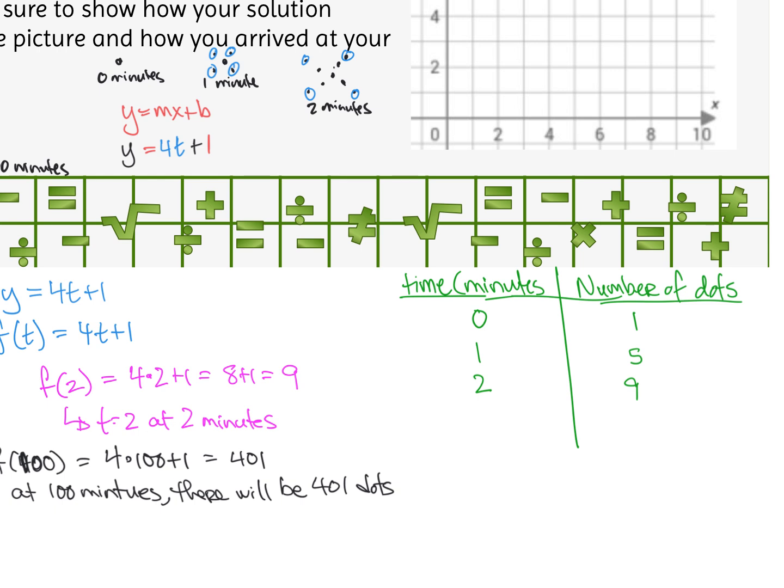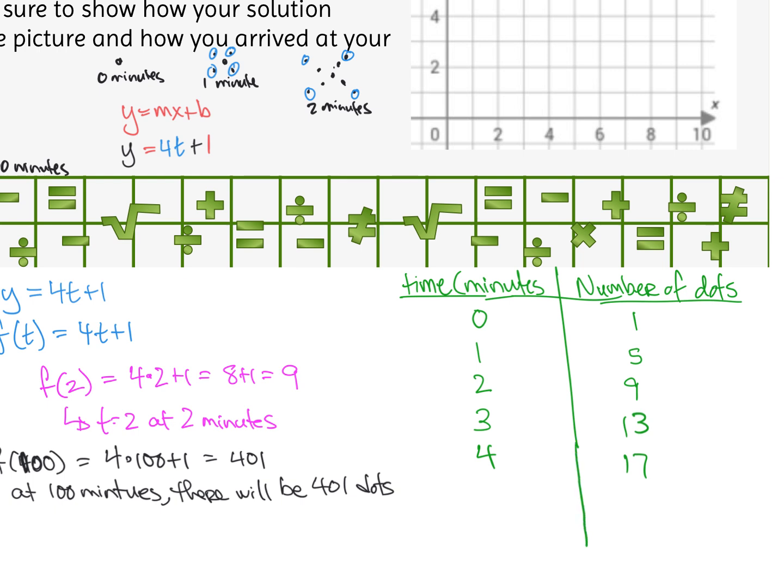Think about 3 minutes. When you have that picture, you can go back and count the dots, but we can always use our equation. So we have 4 times 3, which is 12. Add 1, that is 13. And at 4 minutes, 4 times 4 is 16. Add 1, that is 17. Okay, so we can see that pattern.